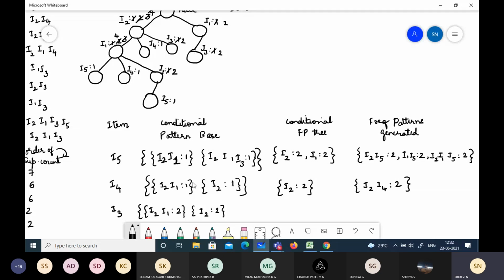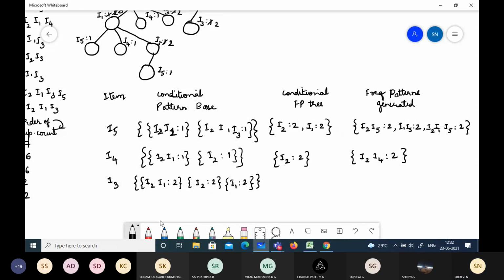This is the left subtree, and the transaction is also present in the right subtree. So we'll consider that I1 and count is 2 here. So we have these conditional pattern base.